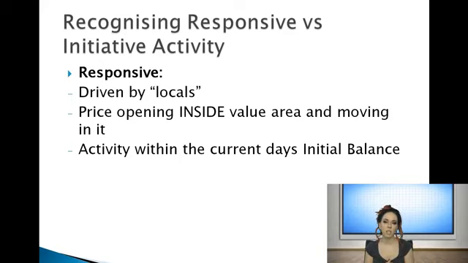Responsive activity is sort of like a part of a random walk, and there's no real move either end, and it's tough to trade, and it really shouldn't be traded. I hate trading responsive activity, and I stay away from it however I can.